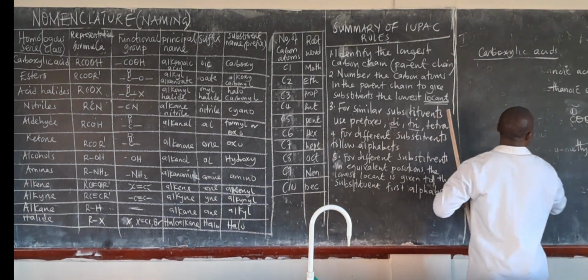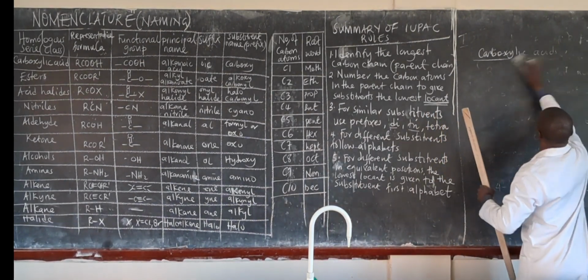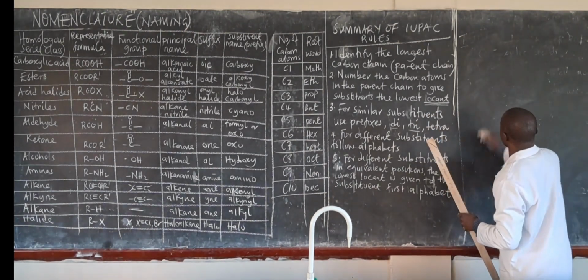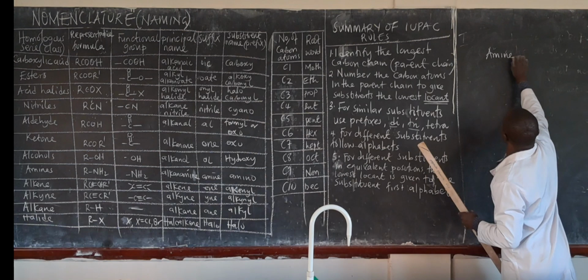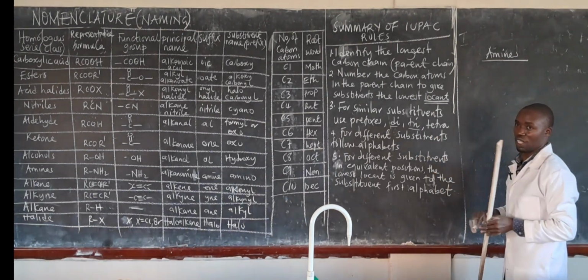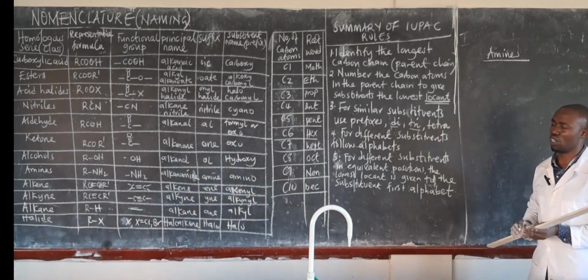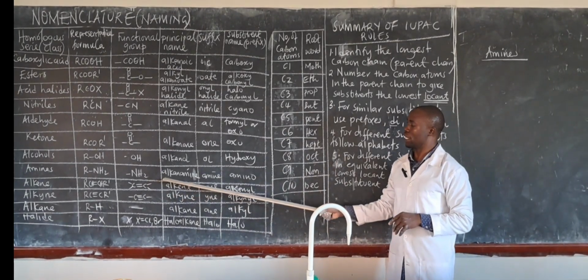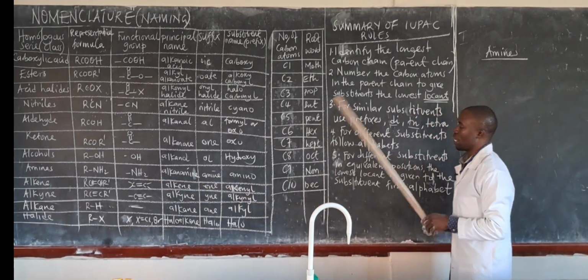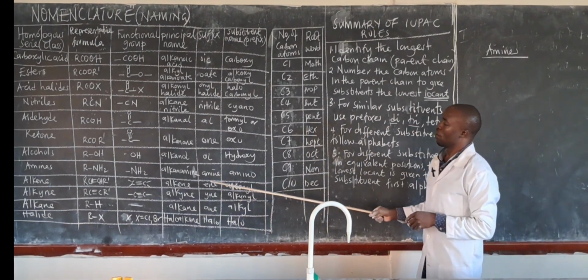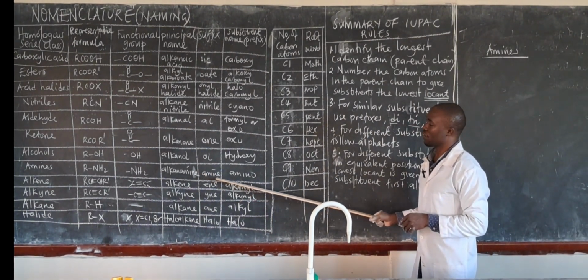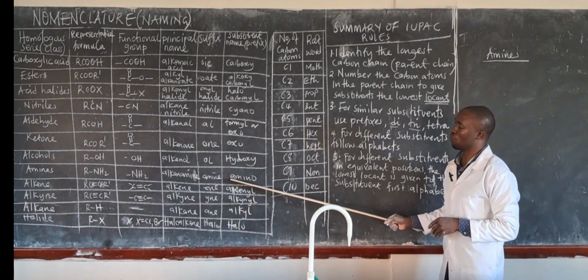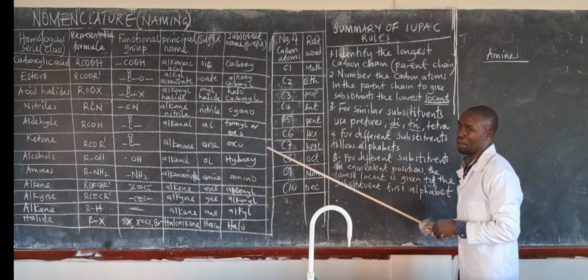Let's discuss something on amines, then we can give the general form. Amines are of different types, but we shall only limit ourselves to the simple primary amines. Amines are named as alkanamine, with the suffix amine. If the amino group is a branch, then it's amino.